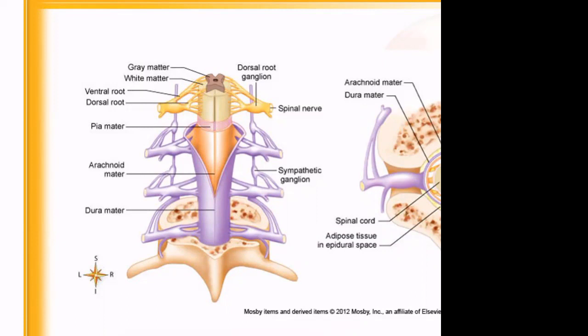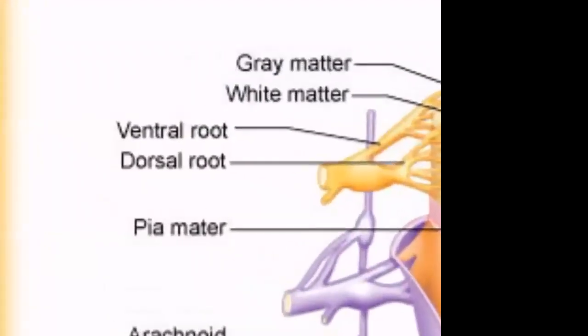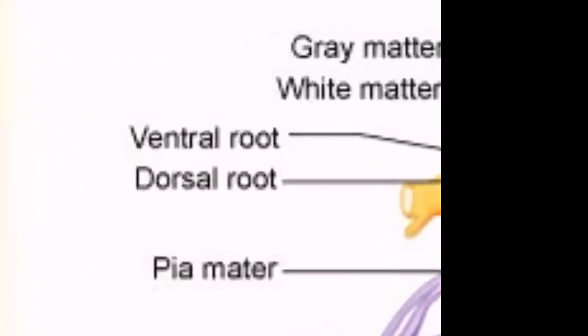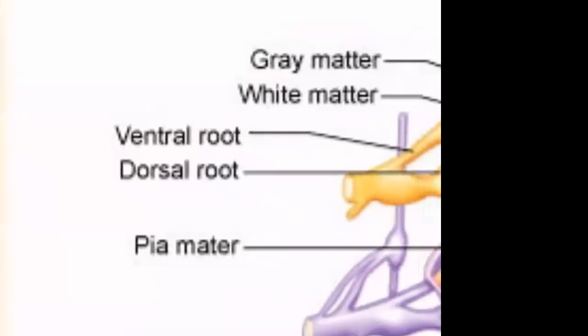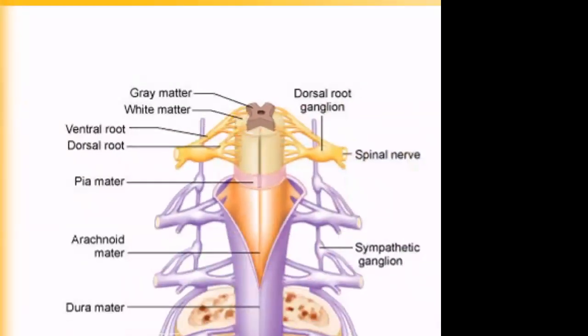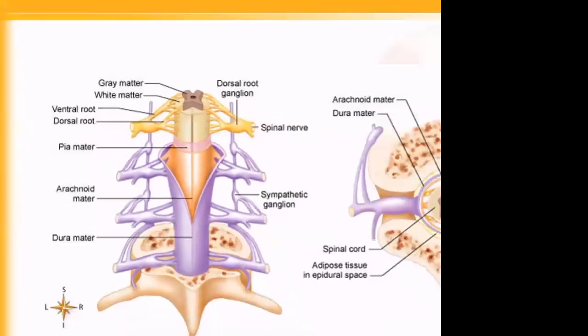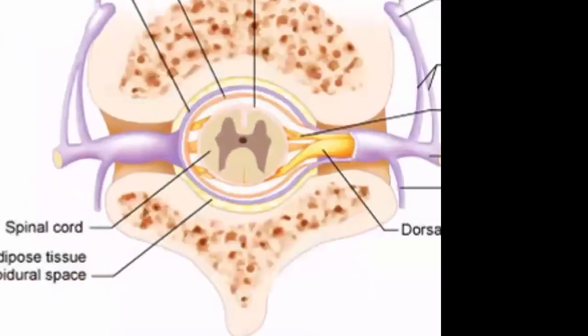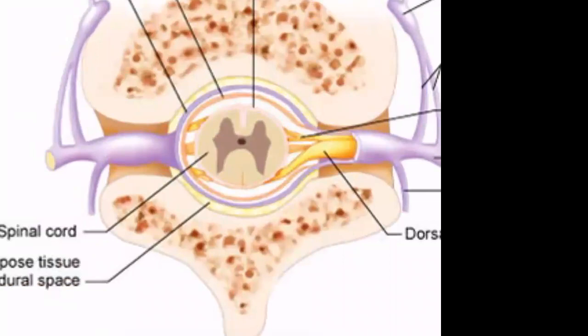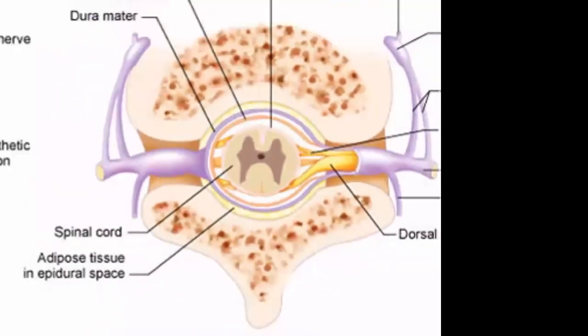And the reason for that is because I know at some point we're going to talk about things like the spinal cord. And you notice how they start talking about these parts as not anterior and posterior, but instead ventral and dorsal. So the terminology changes a bit here. You can also see that looking at the spinal cord, the gray matter is on the inside in the shape of an H, the white matter is on the outside.